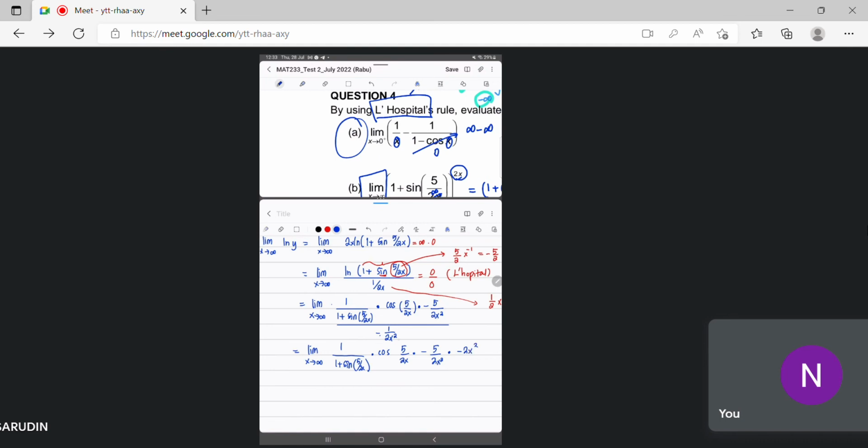Yang ini saya bawakan ke atas. So the negative is still ada lah. Kalau kata nak potong daripada awal dekat sini pun dah boleh. Okay, kenapa saya pindahkan ke atas? So that you boleh nampak apa yang kita boleh potong dan apa yang kita tak boleh potong. So for this case, this 2x squared kita boleh potong. Okay, di minus pun kita boleh potong lah.